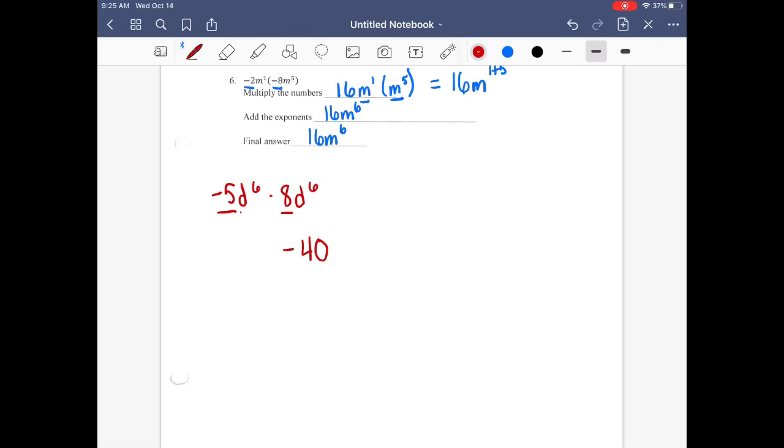Then we are multiplying and we have 2 of the same bases, d and d. So we're going to combine those into one base d. And then we are going to deal with our exponents. We have 6 and 6. Since we're doing the product rule, we are actually going to add those exponents. And then for our final answer, we just need to add our exponents. So we have negative 40 d to the 12th power.